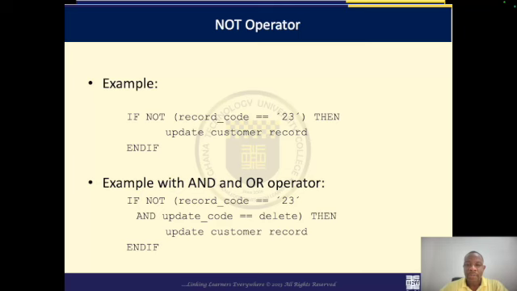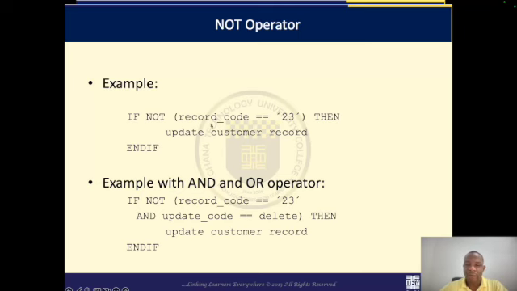The not operator gives the opposite effect of the evaluation of an expression. So for instance, if the record code is 23, then this would have evaluated to true. But if you put the not operator here, then it changes the result from true to false.